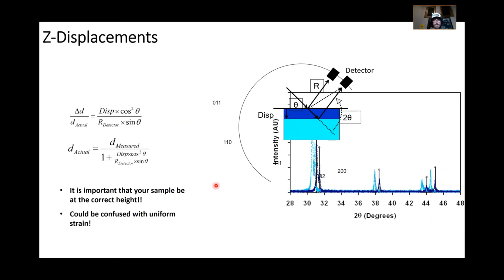There's some math, but the important thing is if your Z height is too low, your peak will shift to the left. It's important that you understand that and not get it confused with uniform strain. If your sample is too high, you just won't get a signal for the most part.